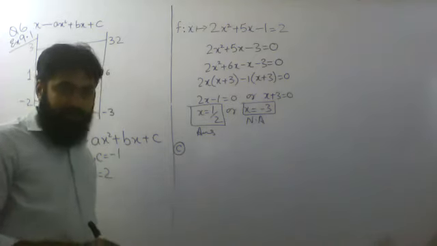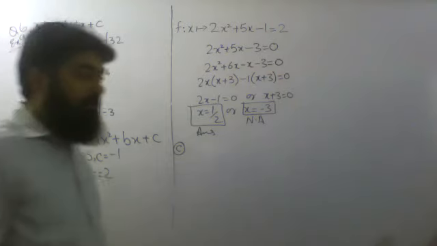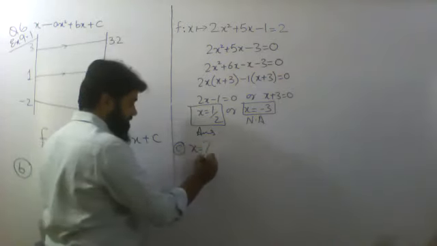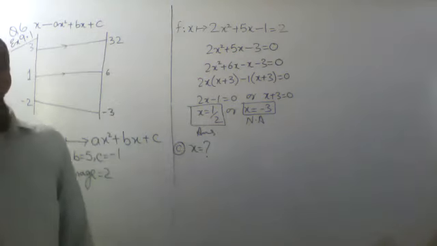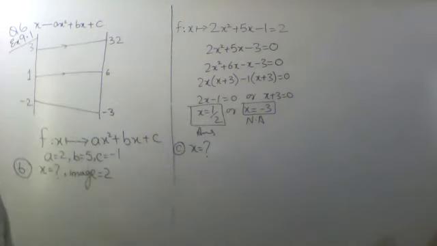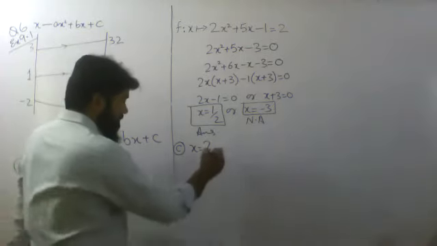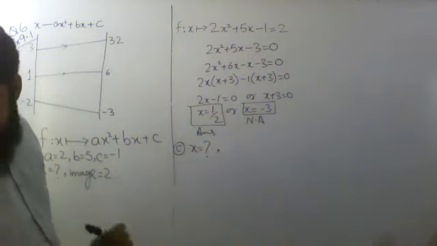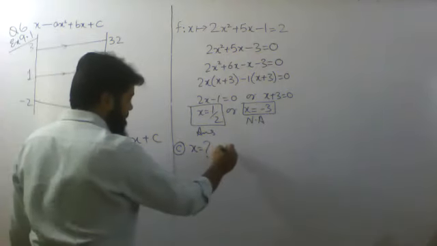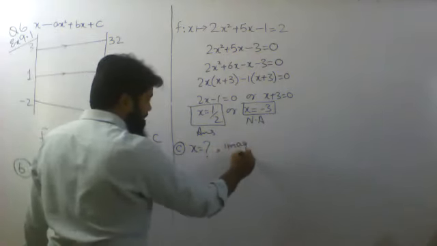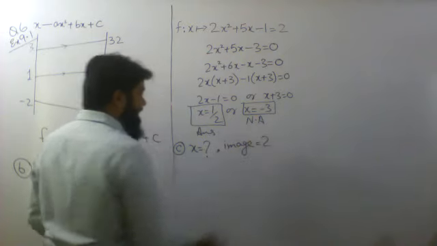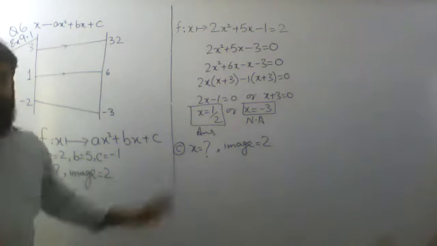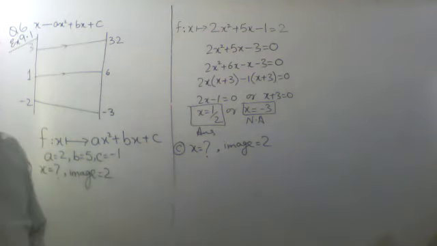I have to find the set of numbers whose image under F is 2. So basically, they are giving us the same thing again. Okay, but this time I have to write both of the numbers.